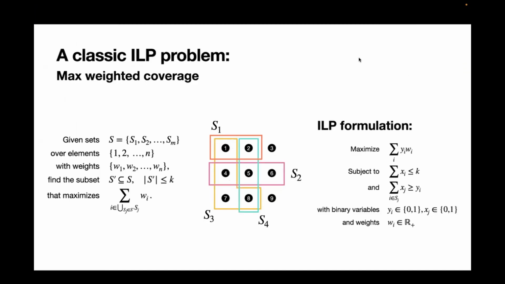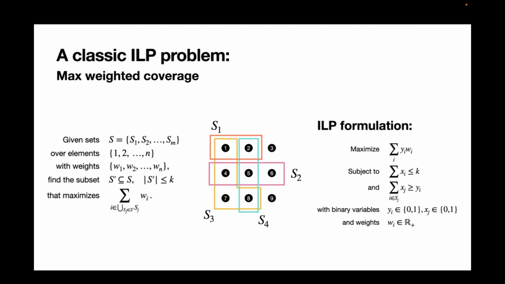Okay, so. Mixed integer linear programming allows us to solve optimization problems that involve decisions between alternatives or decisions that involve discrete quantities.